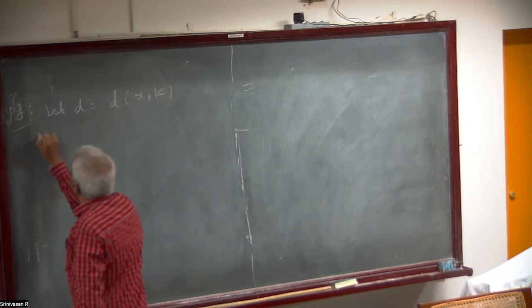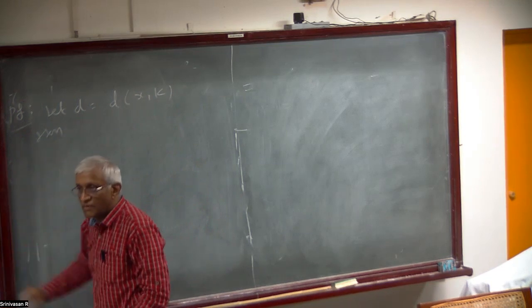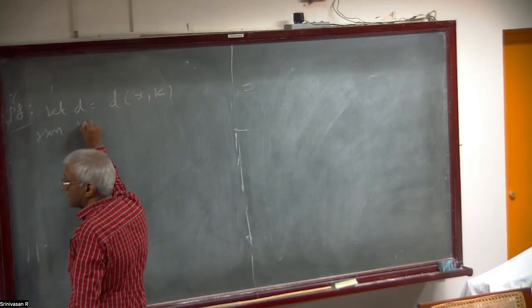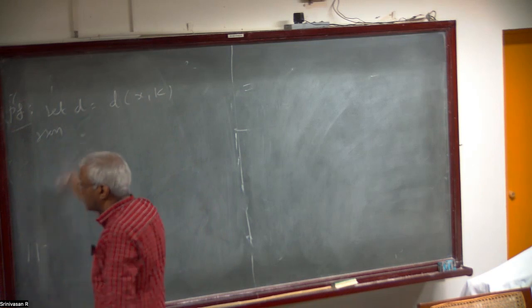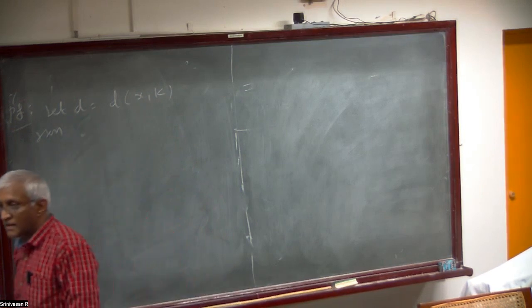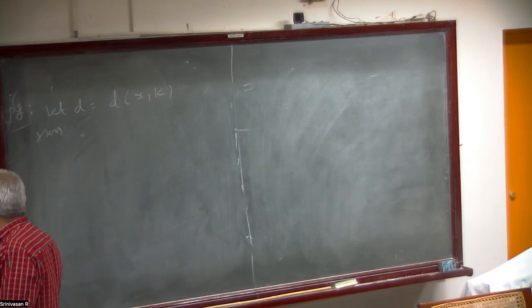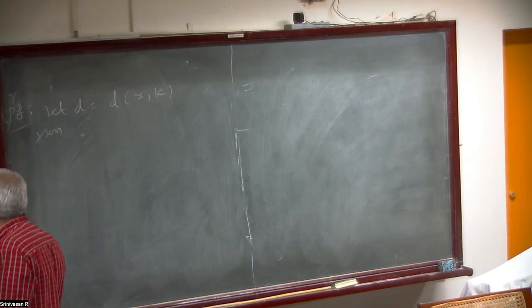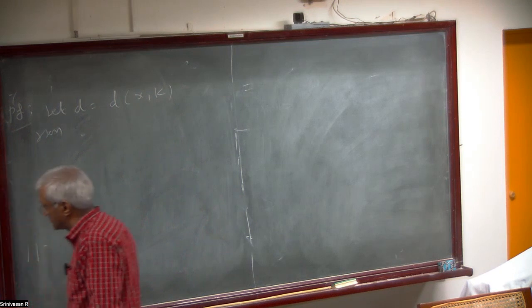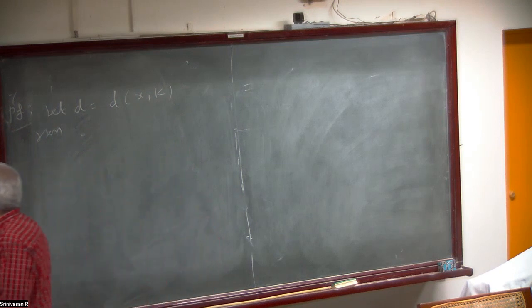Okay. Then by definition, this is the infimum of this thing. Then there exists a sequence x_n. Maybe let's keep y outside.